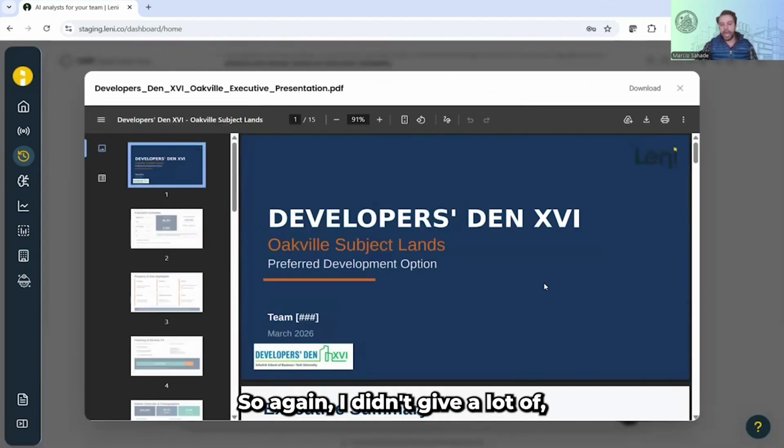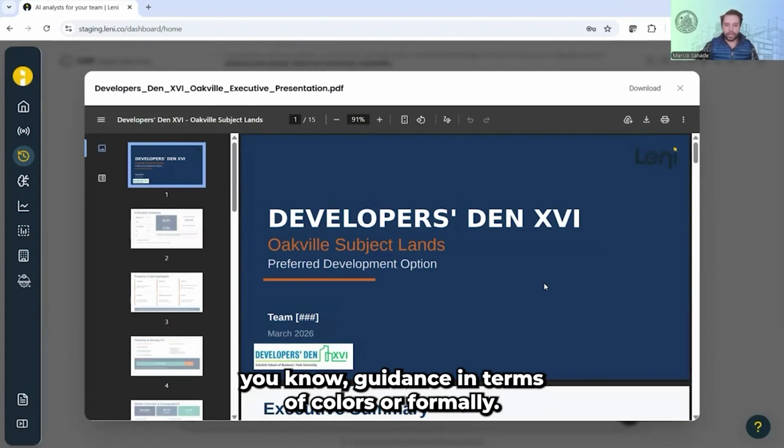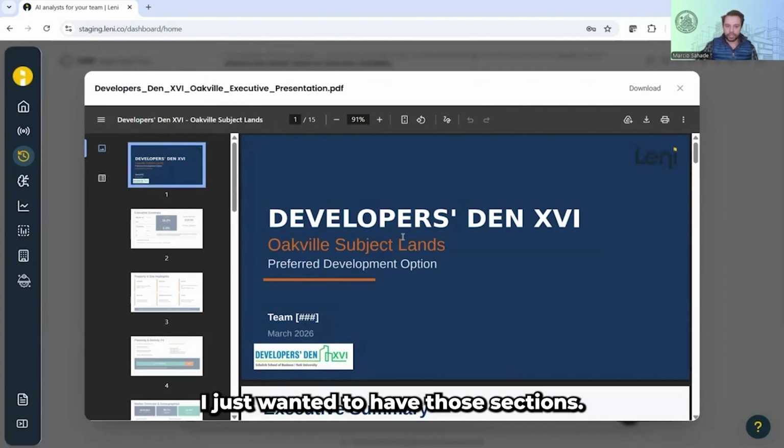Here you can see how it came out. Again, I didn't give a lot of guidance in terms of colors or formatting. I just wanted to have those sections.